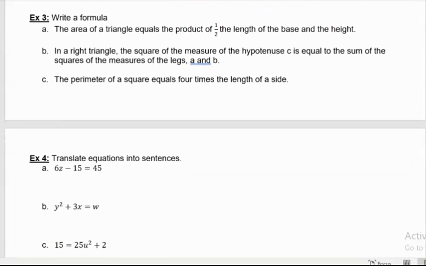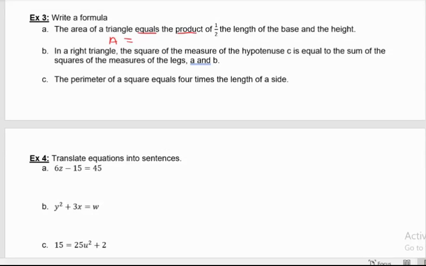Okay, let's write some formulas. So we use formulas a lot in algebra and geometry. So let's learn how to write formulas from sentences. The area of a triangle equals the product of 1/2 the length of the base and the height. Okay, so here I have area of a triangle equals, so "equals" is my equal sign.